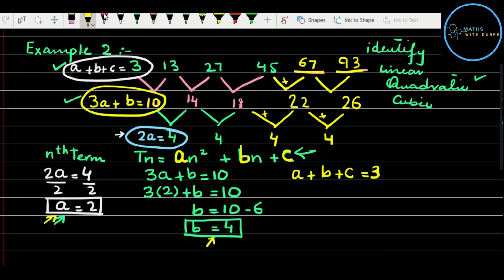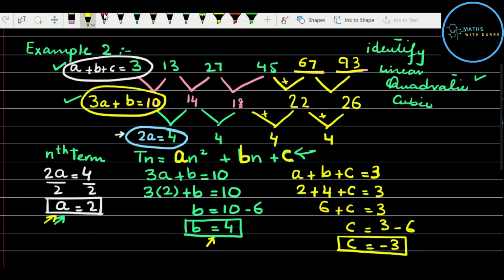So this is how we can just substitute the terms and find the value of c. 6 plus c equals 3, and now we are getting the answer. c is minus 3.